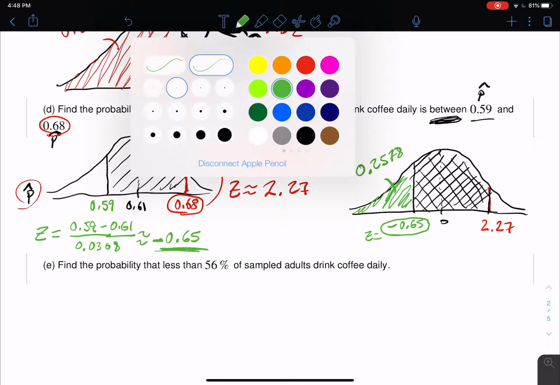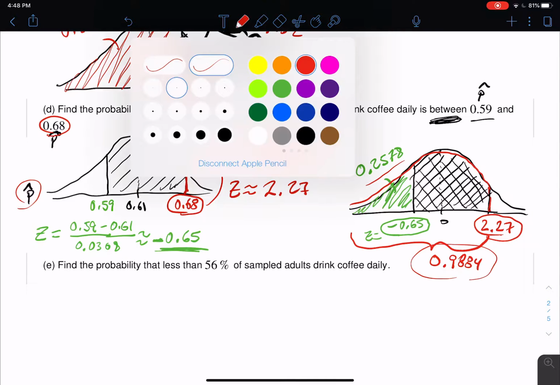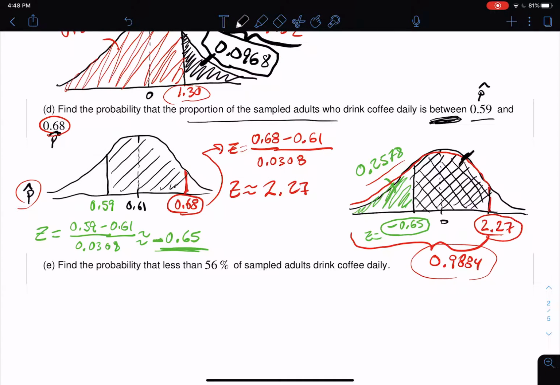And just like we've done many times, we look up a z-value of 2.27, and that gives us all this area over here, an area of 0.9884. So of course, I subtract the red from the green, and I get my resulting shaded value, which is 0.7306. And that is the answer to that problem.